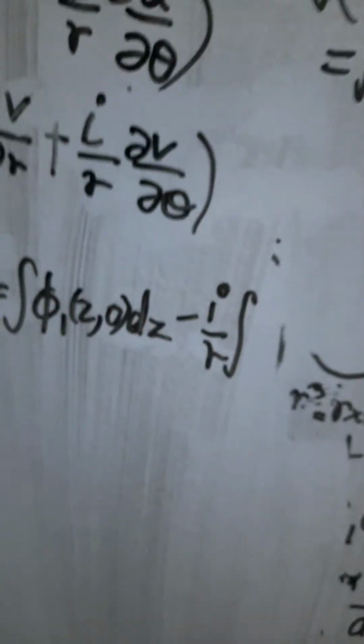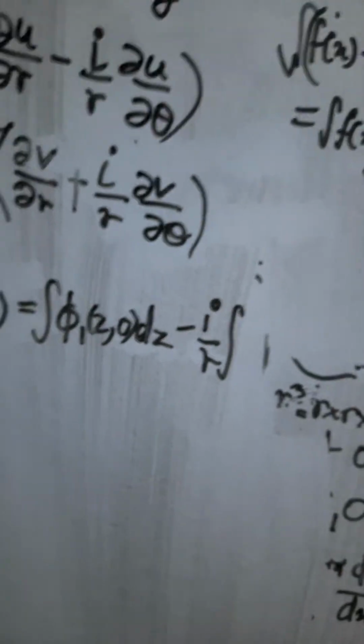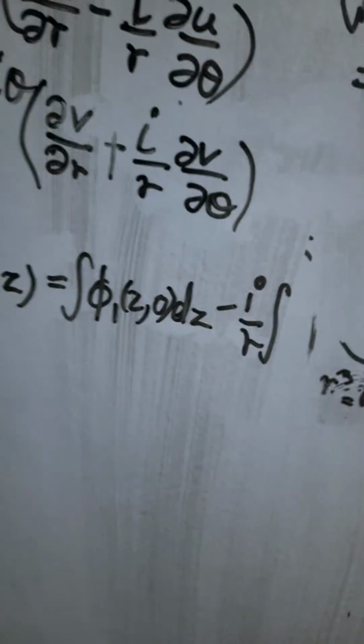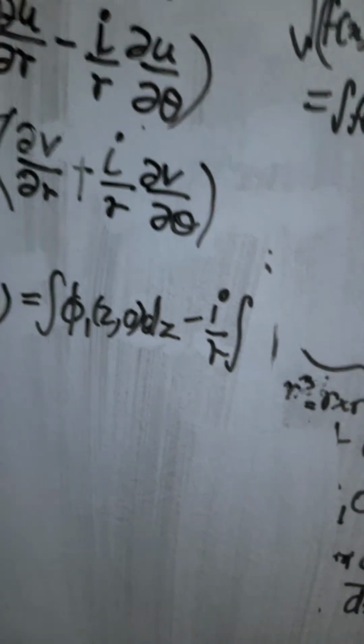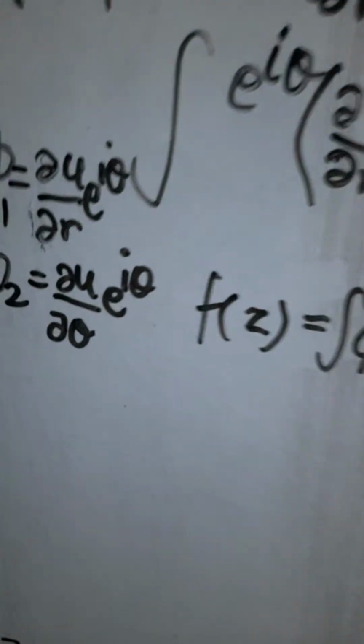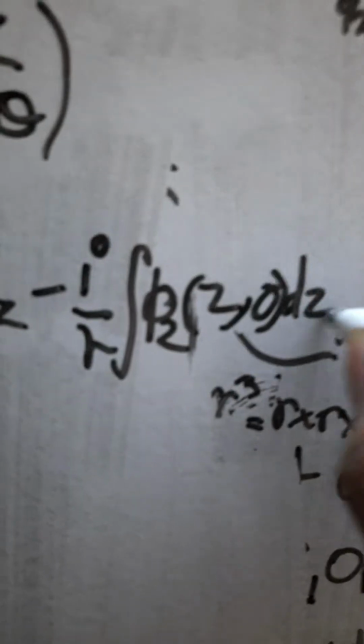So yeah, that's how it works. Maybe we can take r here too, but why not? Let's just do it like that only. So phi 2 of z comma 0 dz. So yeah, this is how it works.